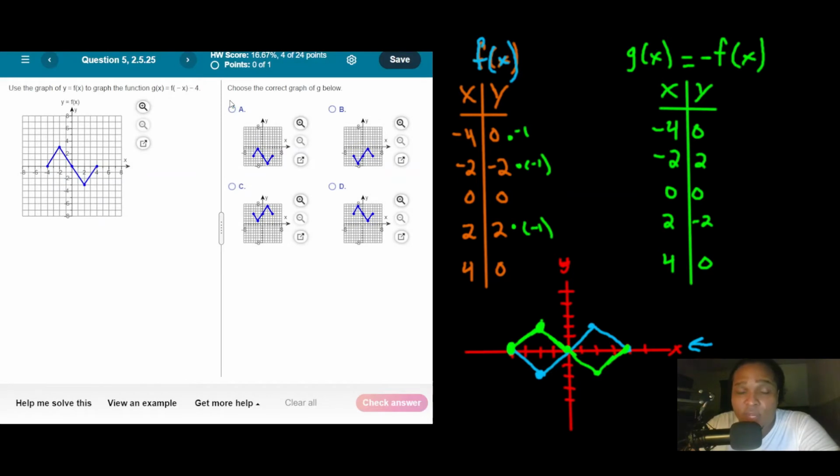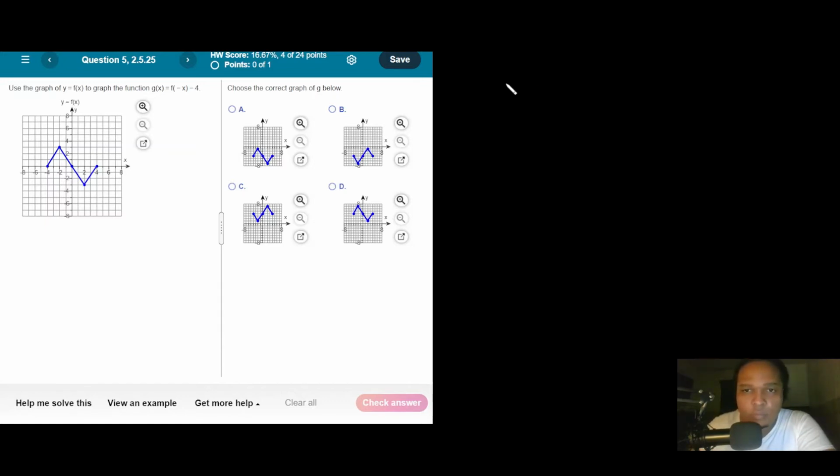Okay, so we have a reflection on the inside, and we're going to subtract 4 from all of our y's. So let's go ahead and do it. Let me erase all this mess over here. Okay, so we have f of x, we have x and y. Let's get our points. We have -4, 0.